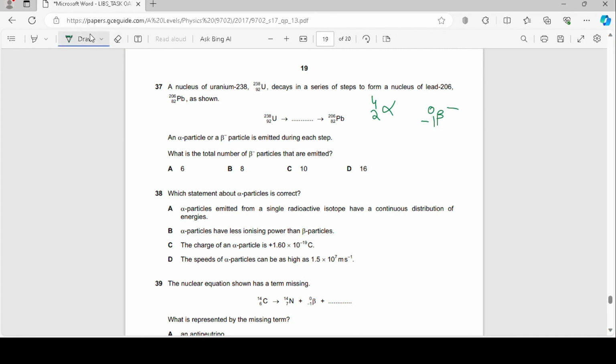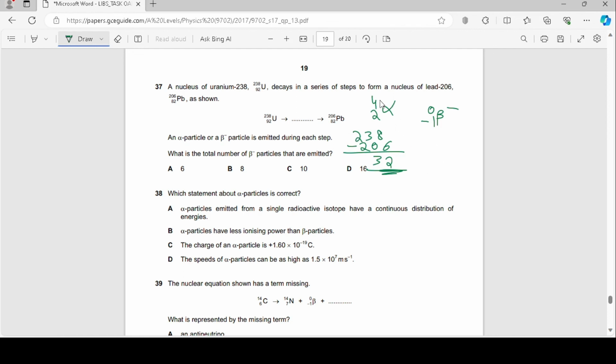So if 4 2 alpha, I can check: 238 minus 206, so that is 32. So I have a change of 32 in the nucleon number.